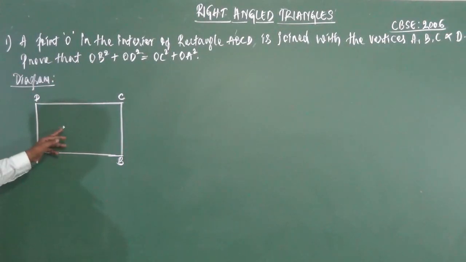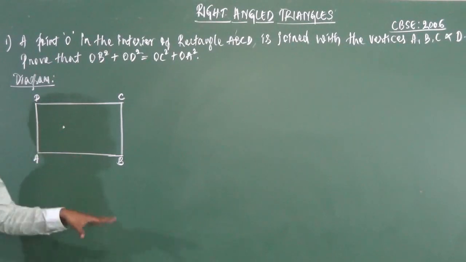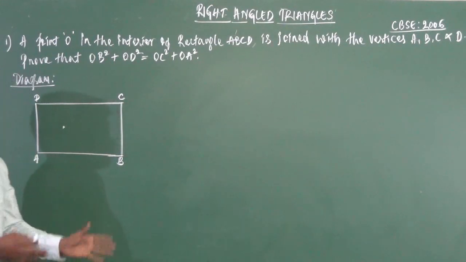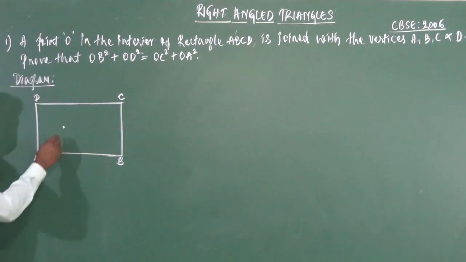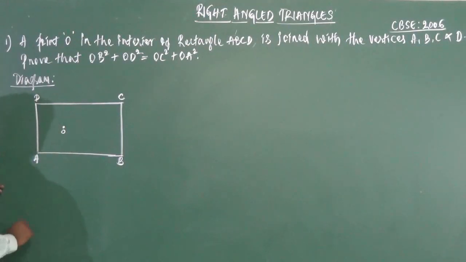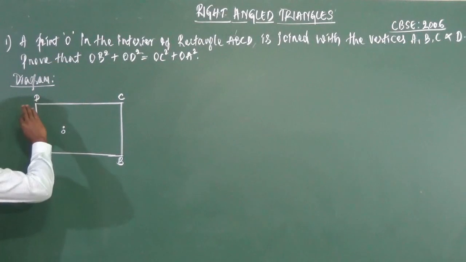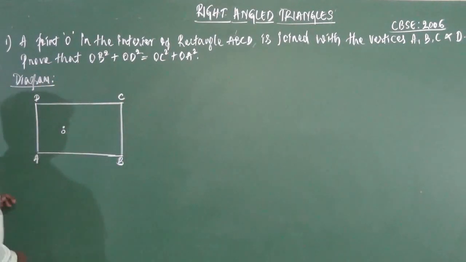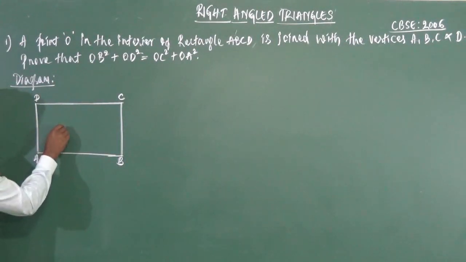Usually in this problem we place it here, because when we join OA, OB, OC and OD, the triangles we get should be legible. So this is point O. Now point O in the interior of rectangle ABCD is joined with the vertices A, B, C and D. So let us join this.